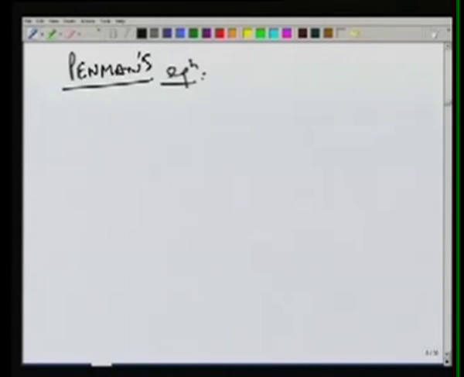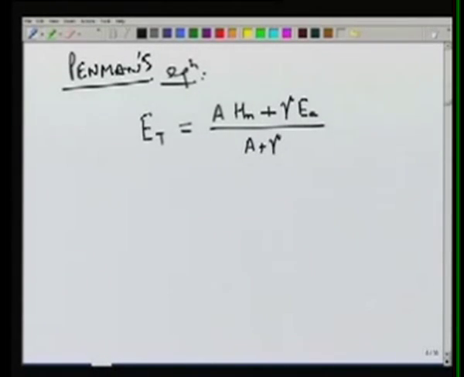In the Penman's equation, the evapotranspiration is written as a factor A times Hn plus another factor gamma times Ea, divided by A plus gamma.